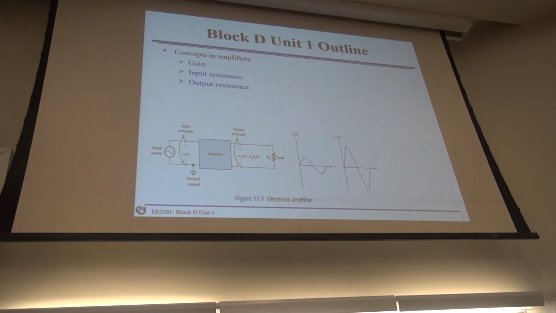However, in the signal source, we should always consider, do we have output resistance? Do we have input resistance? And stuff like that. So operational amplifiers, we start with very easy ideal op amps.